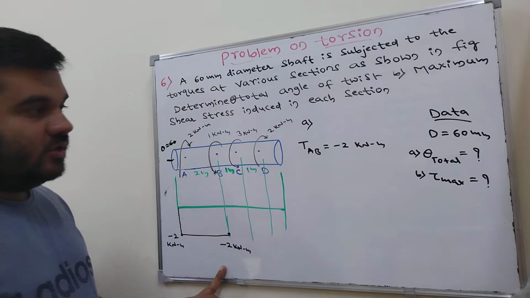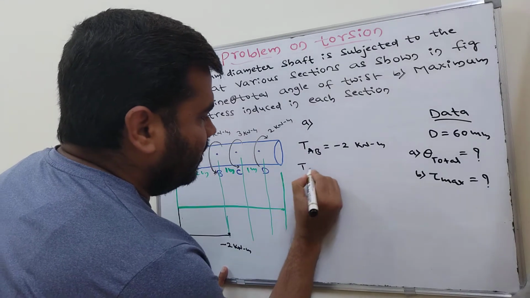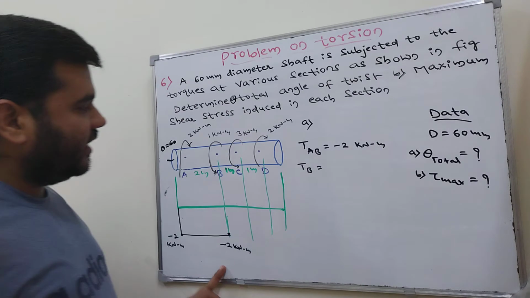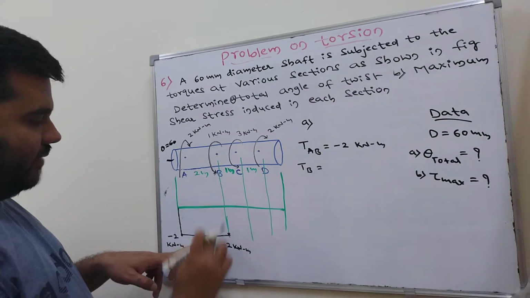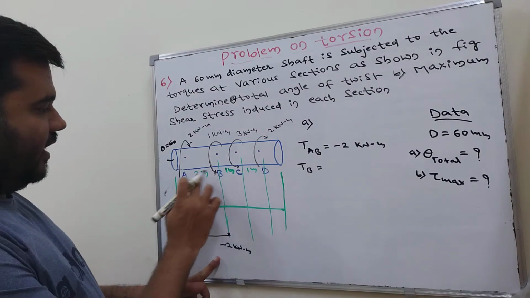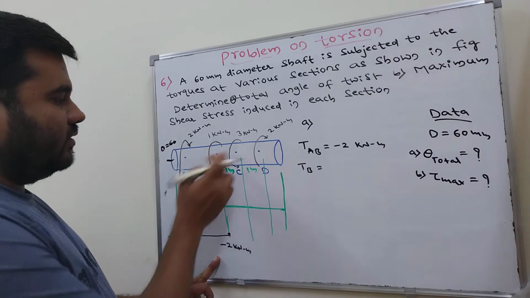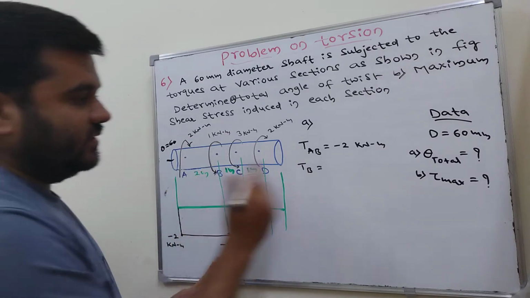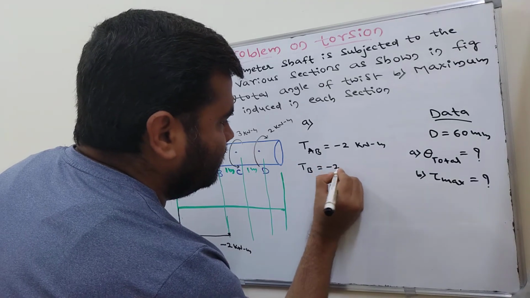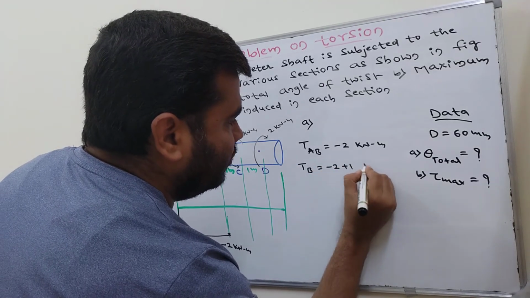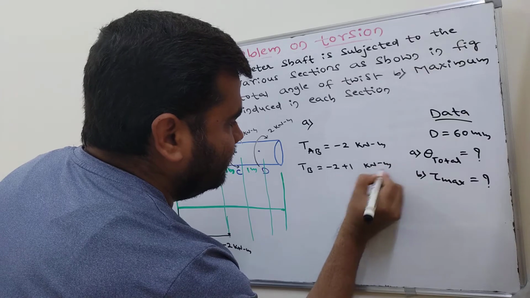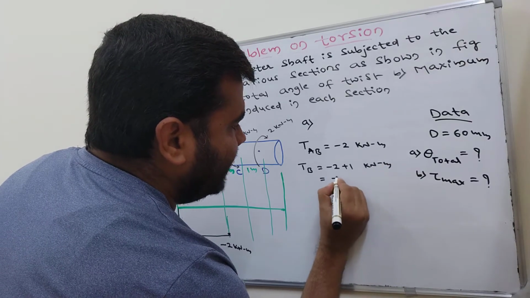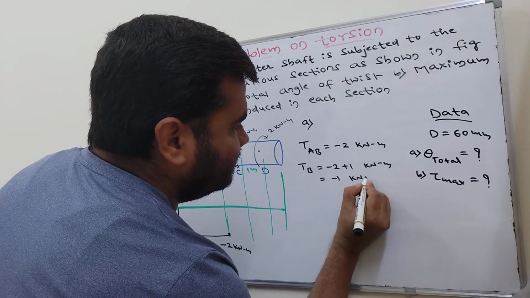At B, how much is the torque at B? Up to AB it will be minus 2. Torque at B is minus 2 plus 1, because this is clockwise, this is counterclockwise, that is minus 2 plus 1 kilonewton meter, which equals minus 1 kilonewton meter, right?